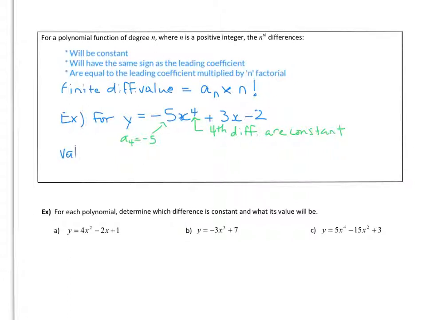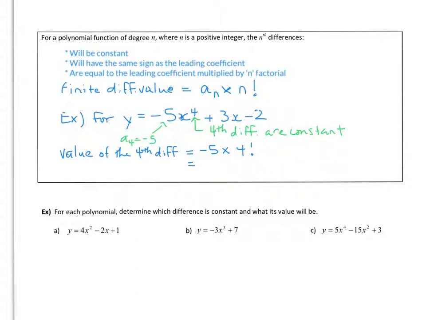So if I actually made my table of values and did the difference 4 times, the value of the fourth difference would be equal to the leading coefficient, which is negative 5, times the degree, which is 4, factorial, or negative 5 times 4 times 3 times 2 times 1.